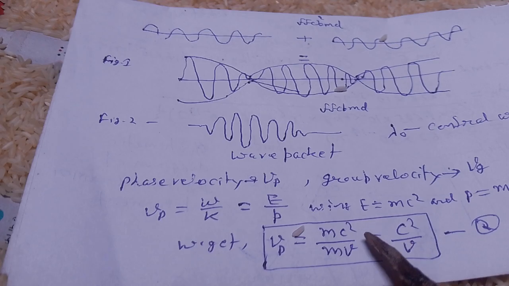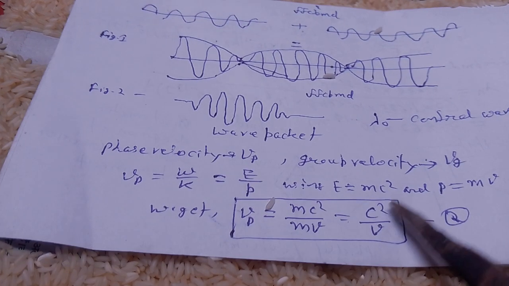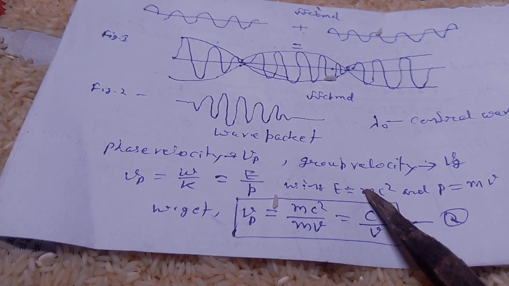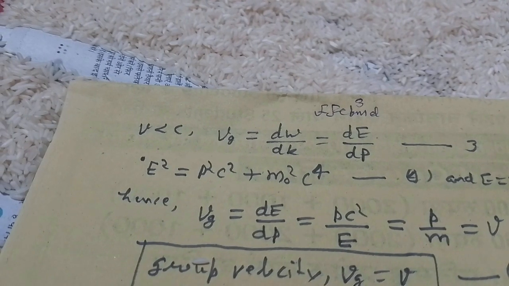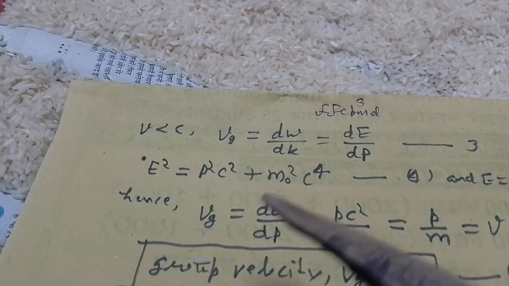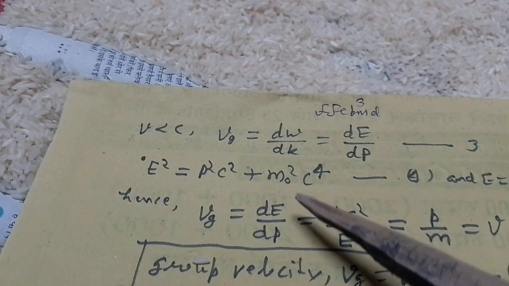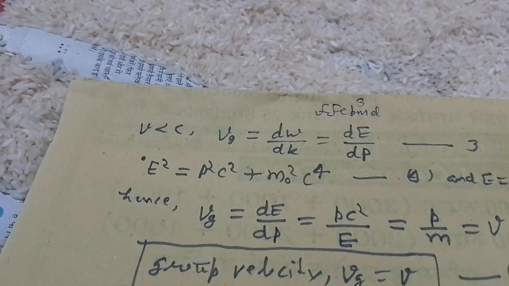These quantities move with the group velocity, which is given by group velocity v sub g equals d omega by dk equals dE by dp, equation 3.